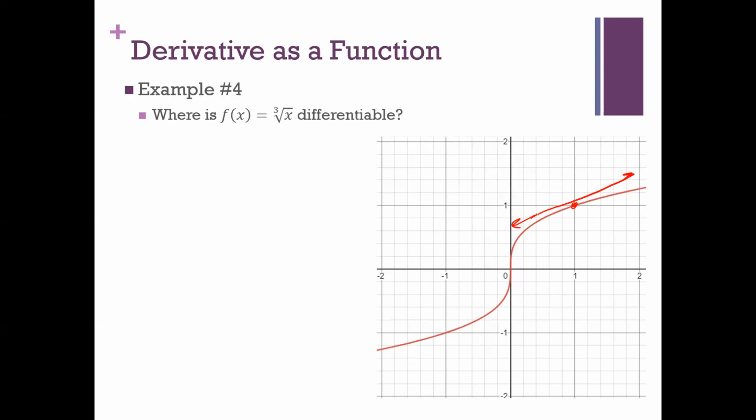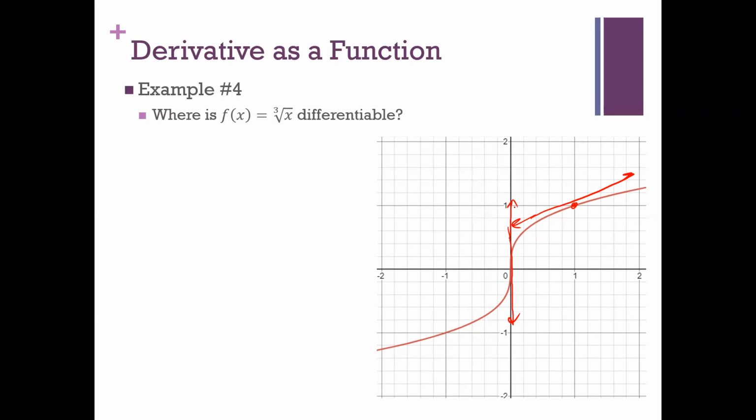So if I have a vertical tangent line, which is what happens around here, what is the slope of that tangent line? 0 or undefined? How do you calculate slope in general? What does the word mean? Rise over run, so change in y over change in x, right?